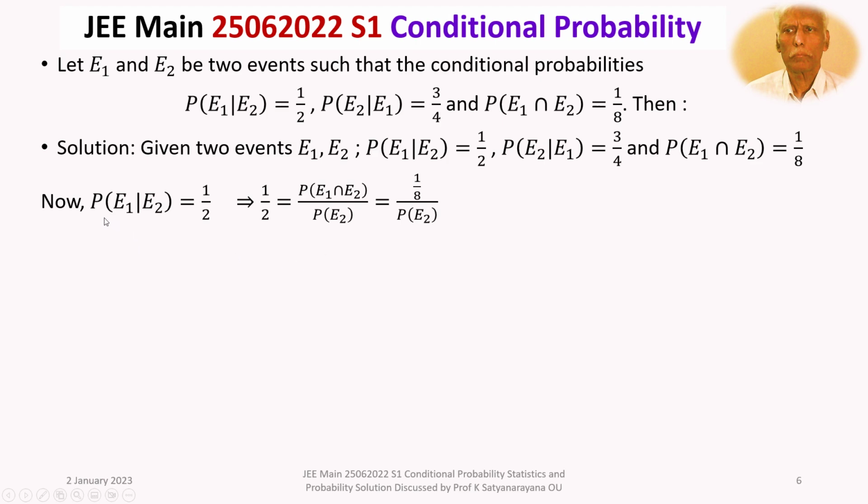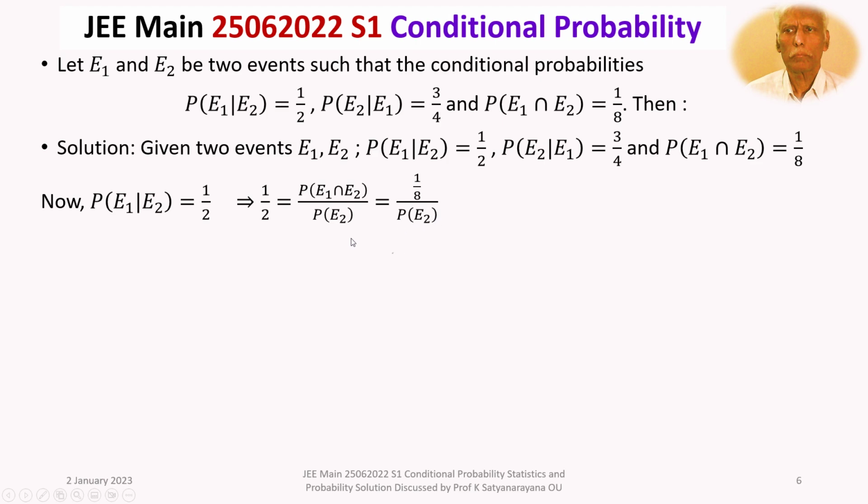So 1 by 2 is equal to probability of E1 intersection E2 by probability of E2. And probability of E1 intersection E2 is given to be 1 by 8. And probability of E2 we do not know. That we will now find.